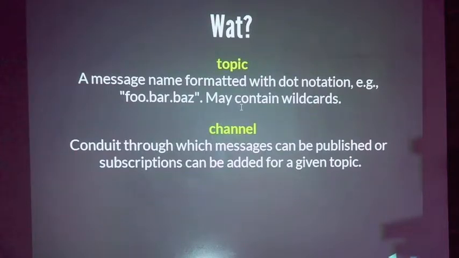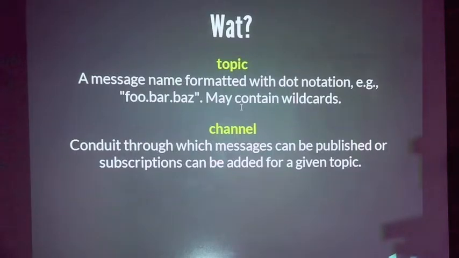And there's a significant difference between grabbing a reference to the automobile channel and calling the reverse topic versus grabbing a reference to the financial channel and calling a reverse topic on that. In one case, you're going to get a car backing up. In the other case, you're going to get someone calling you with a nasty charge on their credit card or something. So it's a nice way to namespace channels and topics and let you construct your application so that you're not going to stomp on anyone.